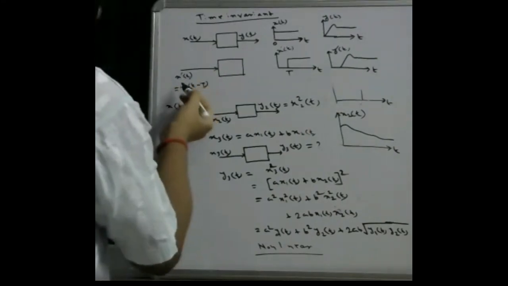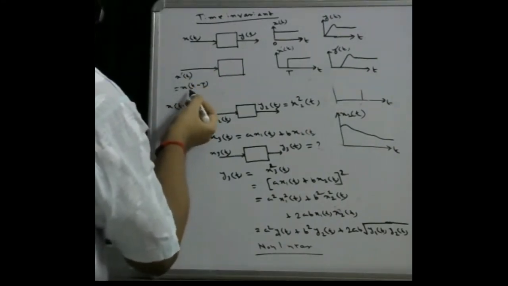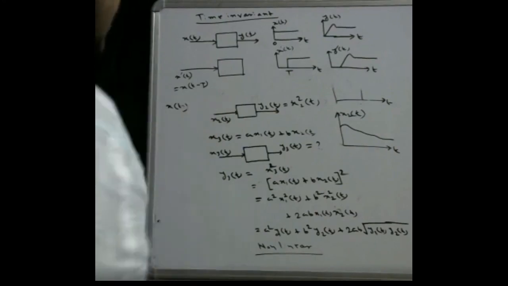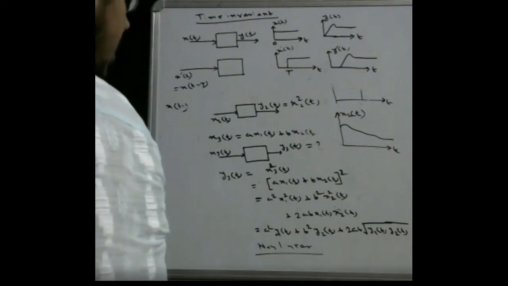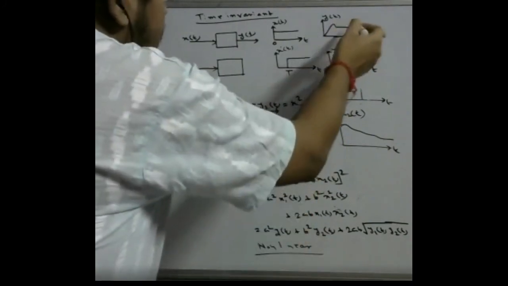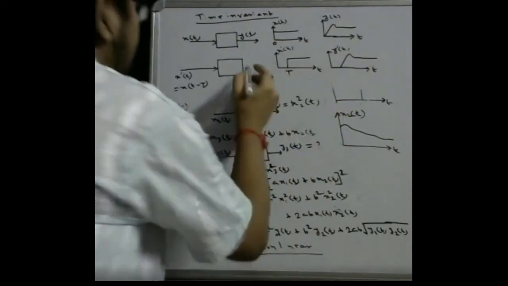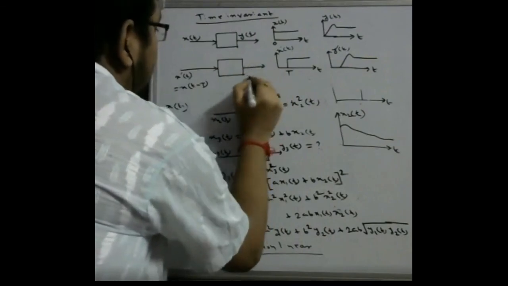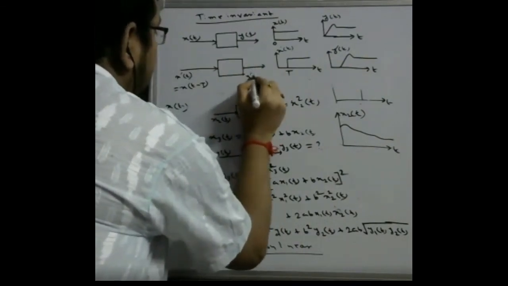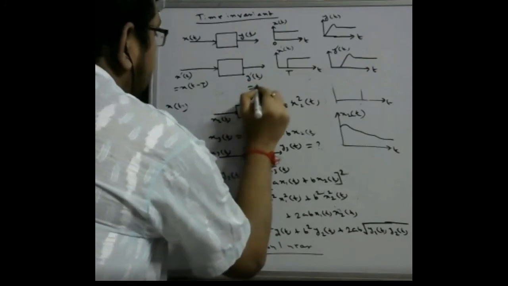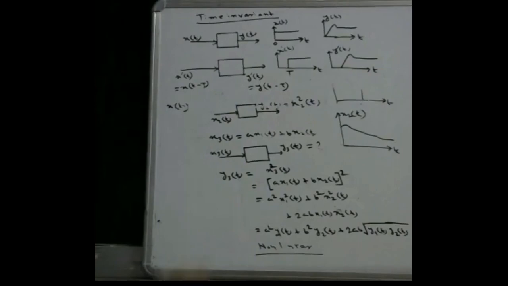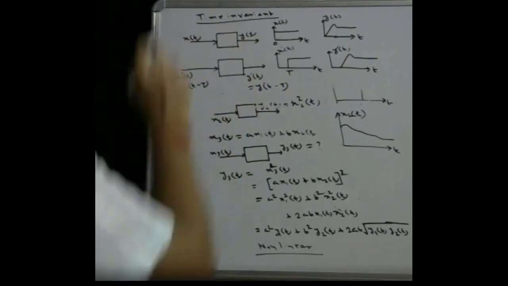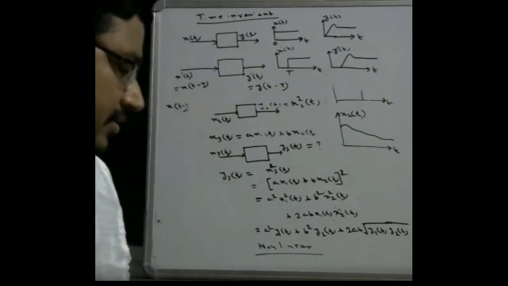So the expression of x dash t is x of t minus capital T. In the same way, y dash t will be y of t minus capital T. If this property is satisfied, then we can say the system is a time invariant system.